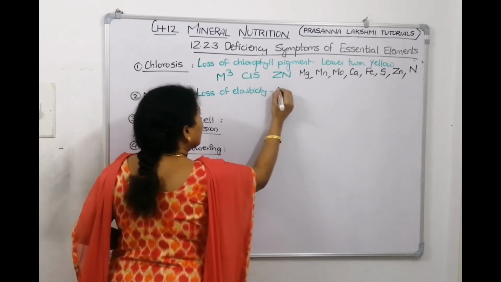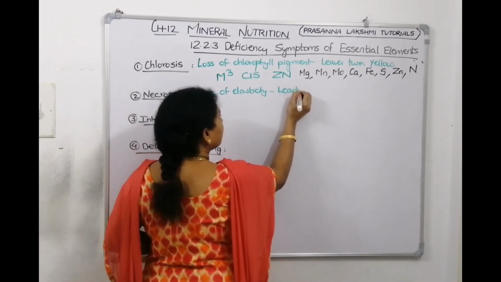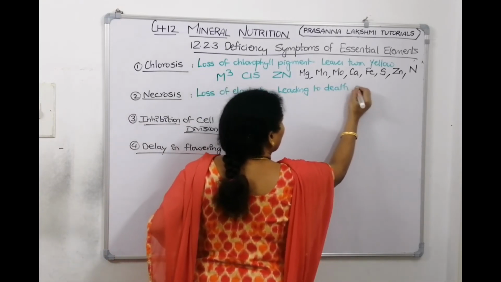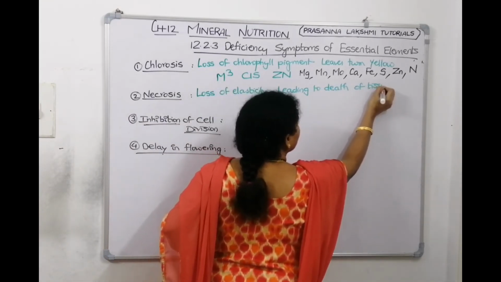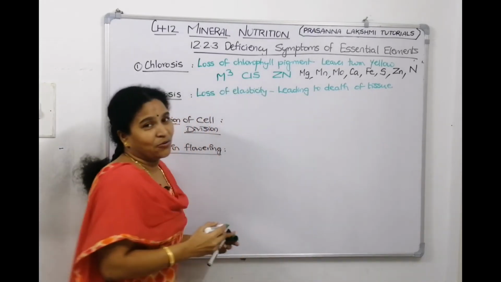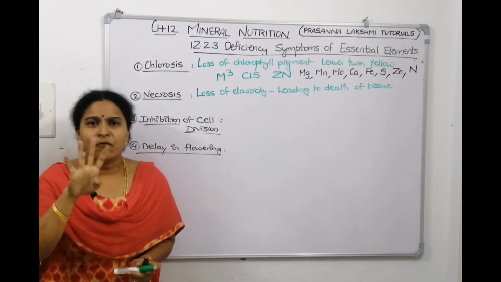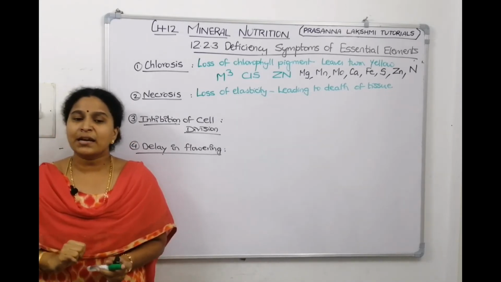Leading to death of the tissue is called necrosis. The deficiency of 4 elements will cause necrosis.